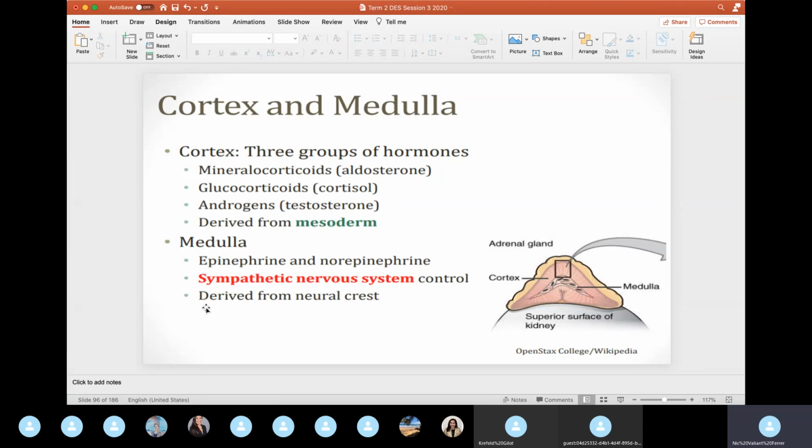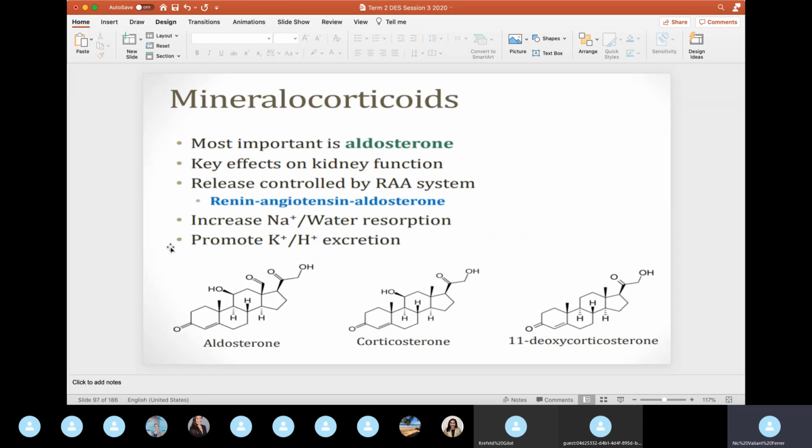Okay, acetylcholine and norepinephrine. Which is which? Let's go back to term 1. Anyone? A review? ACh. So acetylcholine, okay? Acetylcholine for your medulla. It's preganglionic. Don't forget that.